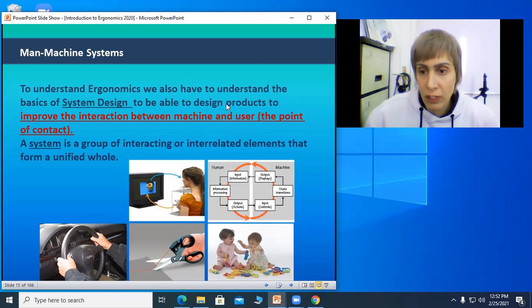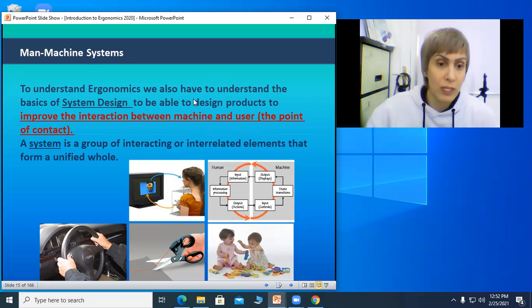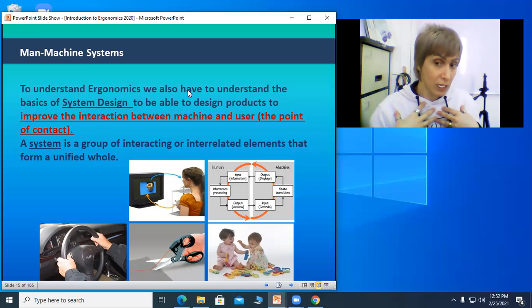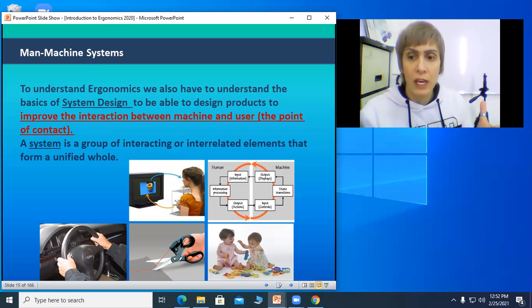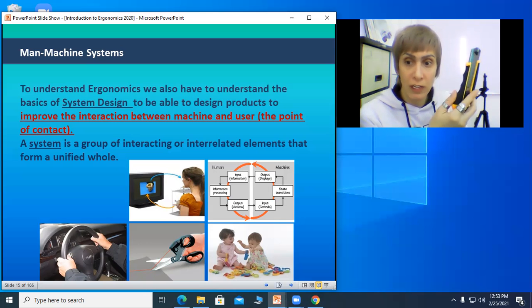Now, why is this important to understand in ergonomics? Why do we need to know about systems, or if something is a system? Well, because in ergonomics, if you remember, we always have a human and some kind of a relationship with, let's say, a product. So if I'm touching this here now, this is a product, okay?